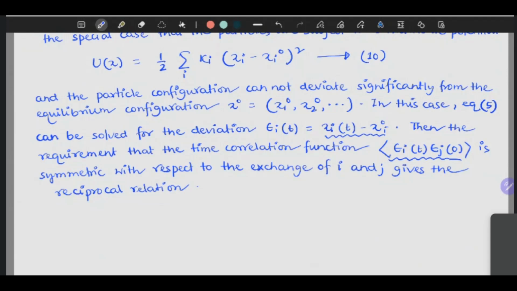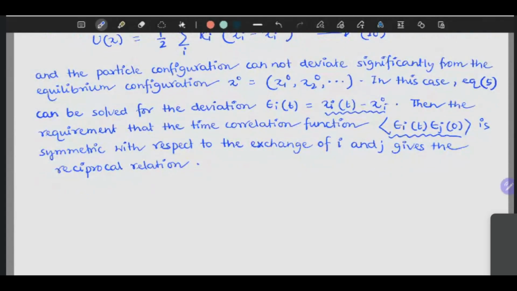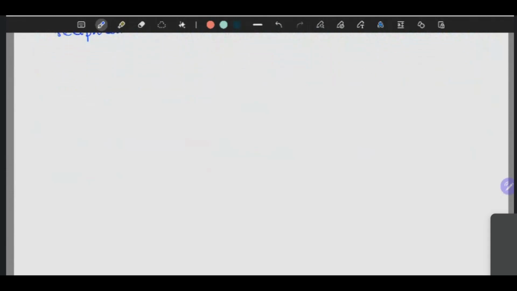If it is symmetric with respect to exchange of i and j, that gives you the reciprocal relation. So by this, you get this discussion.